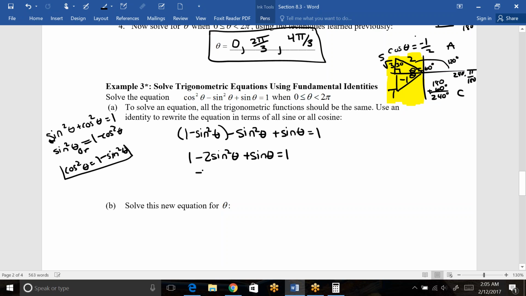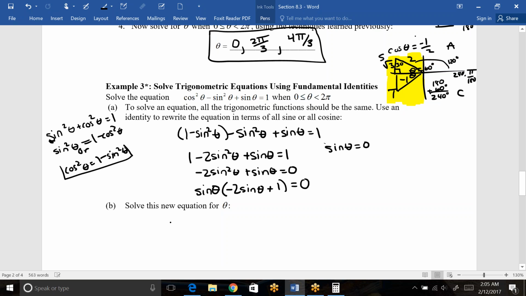We can subtract the 1 over, and that gives us 0. And then I would factor out a sine theta, not a sine squared, because they both don't have squared. That would leave me with negative 2 sine theta plus 1. And then I could set each of those equal to 0 using the zero product property.